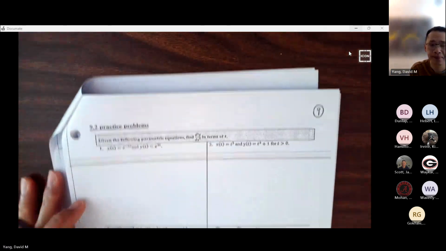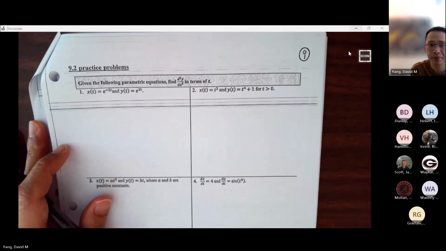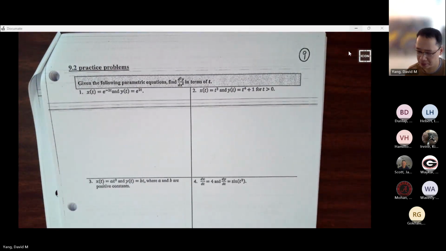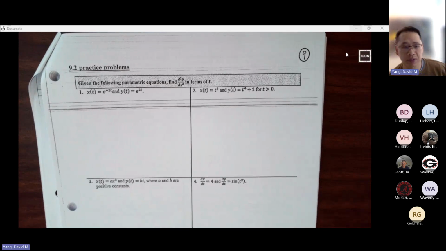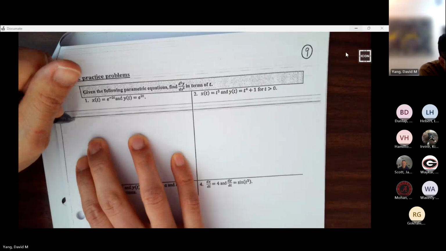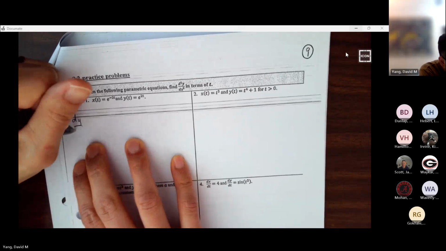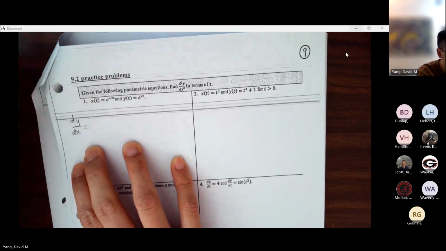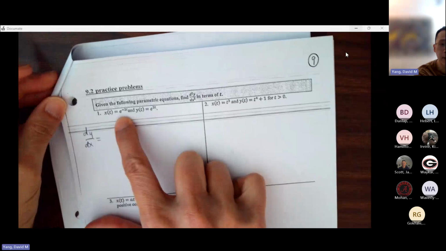Right? Page 9. Find second derivative in terms of t. Y prime over x prime.